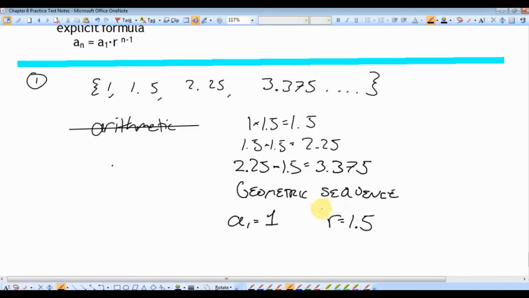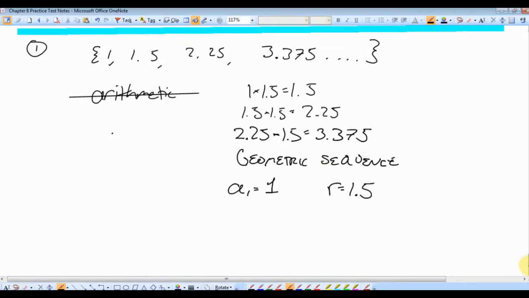Okay, so now that we have that, we can start looking at a few of the rules. The first rule is the recursive rule. My recursive rule is a1 equals 1, and a(n+1) is going to be equal to 1.5 times a(n).